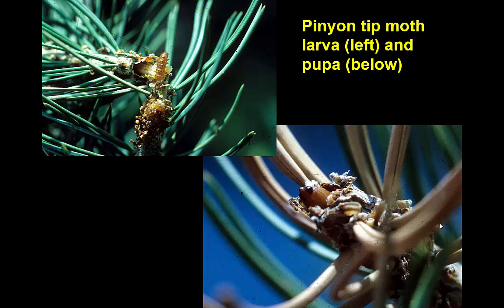And if that's killed, then they may subsequently move into a second terminal. So you will see the larvae taking out sometimes more than one terminal from a single caterpillar. It'll pupate in there, a little picture of the pupa in the lower right. And that's the insect that's commonly known as the pinyon tip moth.